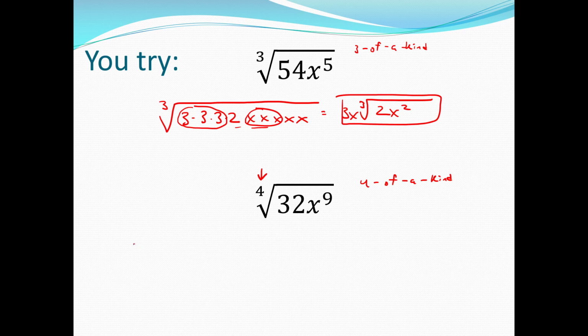Okay, for the last one, the fourth root. 32 is 5 2's when you factor it out. And yeah, it's a lot of x's to write, unfortunately. But that's all 9 of them. Circle your pairs. Well, not pairs, but in this case, 4 of a kinds.